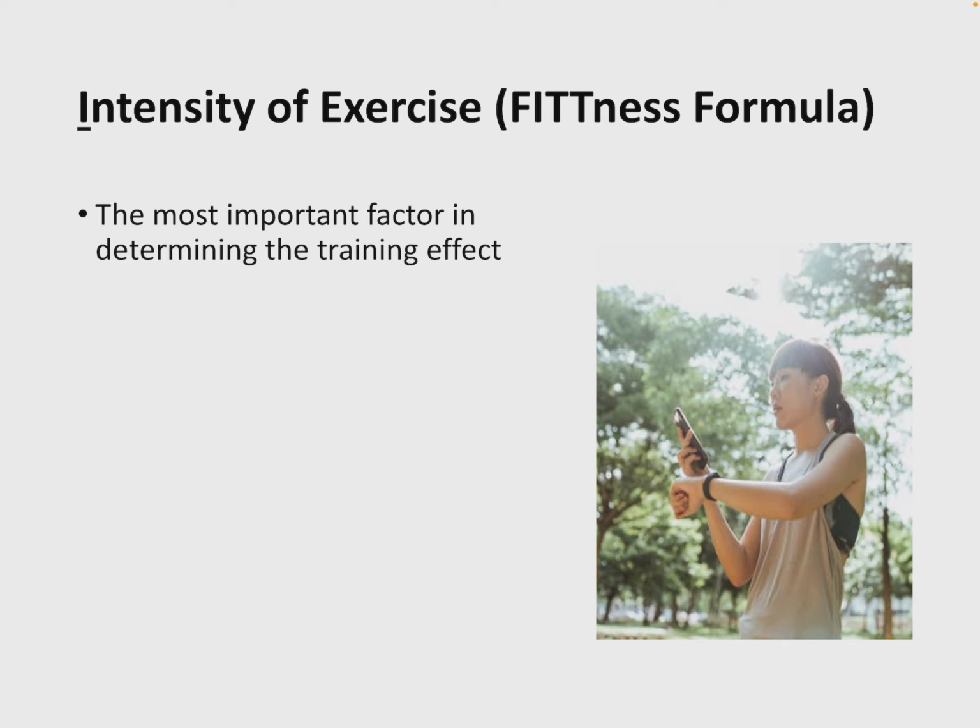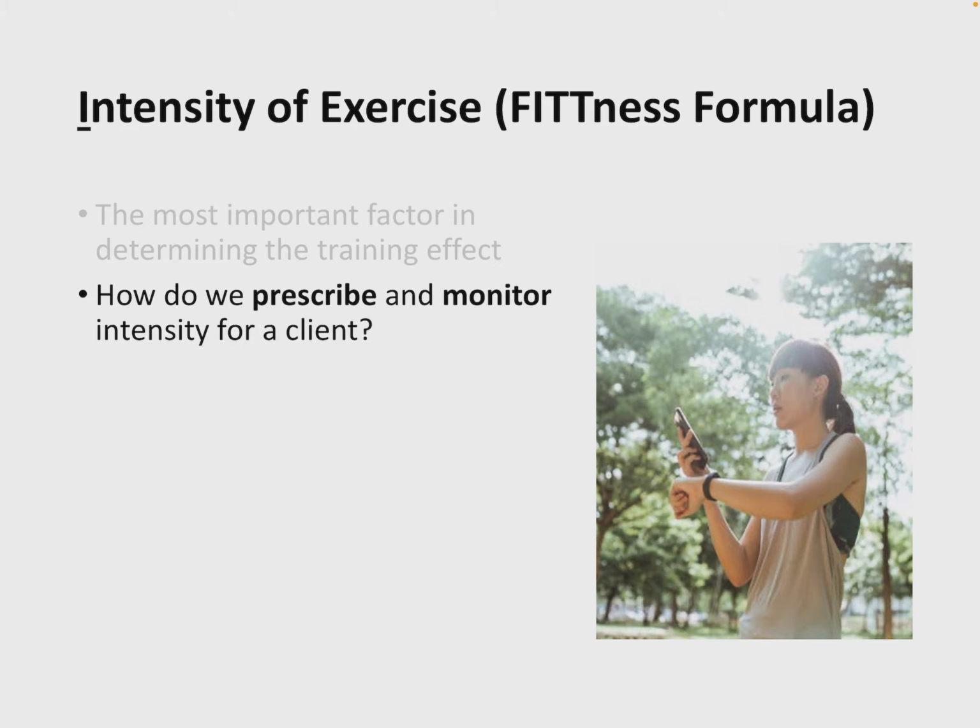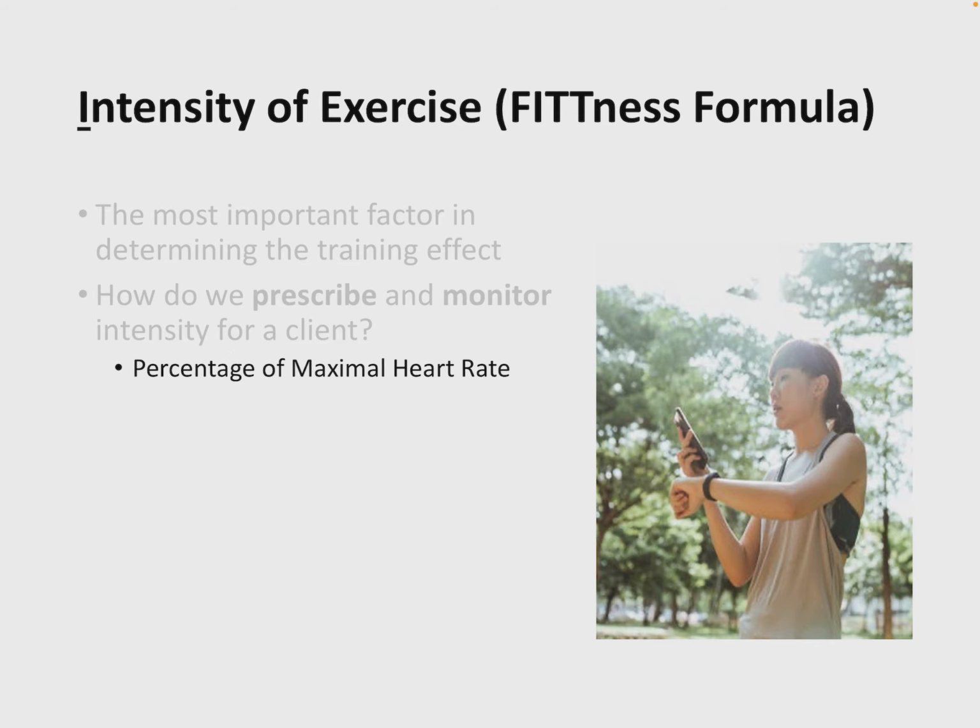So how do we monitor intensity with our clients? There's a number of different ways that we can monitor intensity, several that utilize heart rates, and the first two that we talk about here are percentage of maximal heart rate and the heart rate reserve, or Karvonen formula. You're going to be utilizing heart rate to measure intensity.